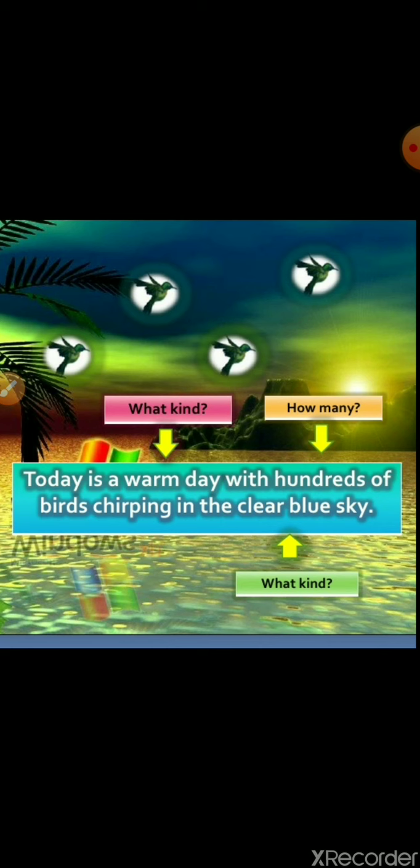How many birds? Birds are again a noun here. Hundreds is a numeral adjective. Chirping in the clear blue sky. Clear blue sky. What kind? The sky is blue here. So in this way you can have many adjectives in a sentence, but the sentence should be complex.